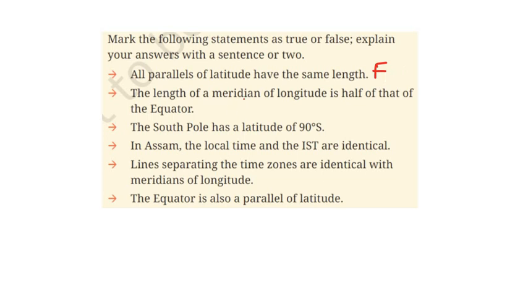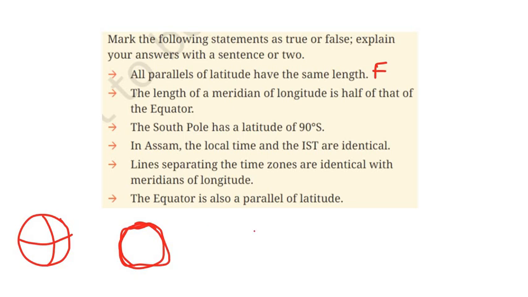Next is, the length of meridian of longitude is half of that of equator. Now if our earth is a perfect sphere, then this length and this length, the entire, they will be equal. But remember in the very beginning we told you that the earth's shape is like this, that it is somewhat dipped over here and bulged out in this part.